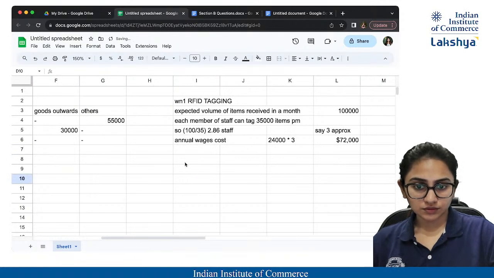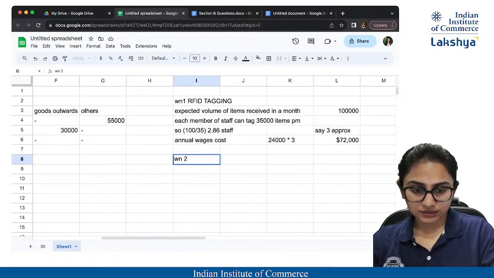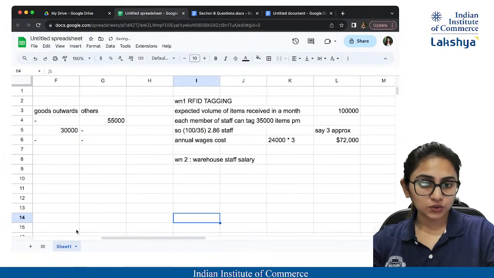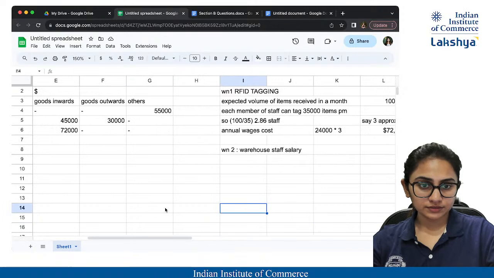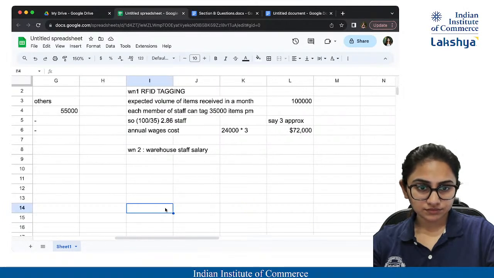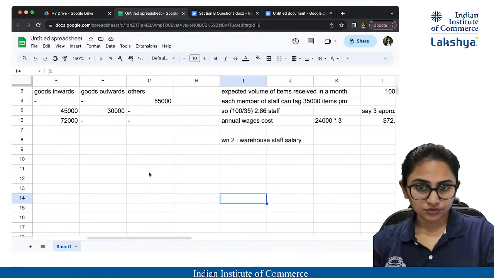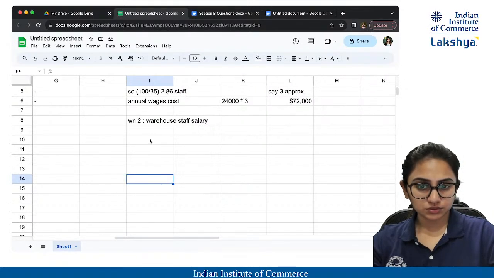So go here, working note 2, that is warehouse staff salary. You can do the working notes there, or below it also, which will be better. When it's done below it, it's easier to refer.